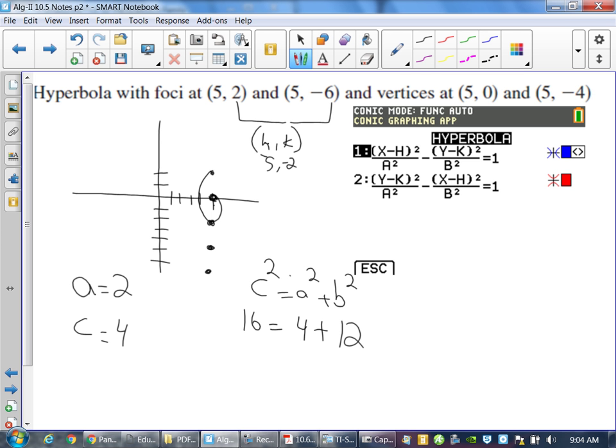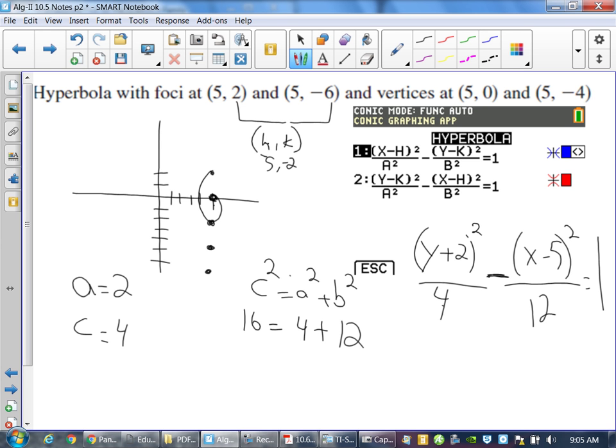I don't have to worry about the value of B here at all. I just use the value to fill in the blanks. So our answer becomes y plus 2 quantity squared over A squared, which was 4, and then it's subtraction between them, and we get x minus 5 quantity squared over 12 is 1.